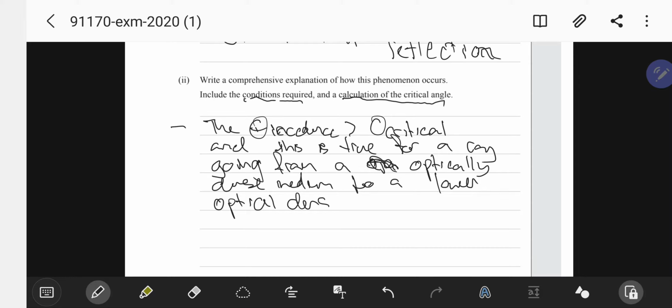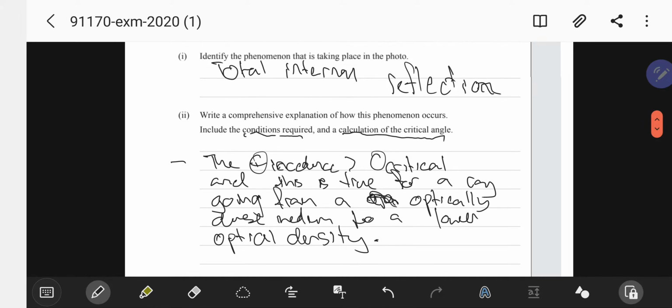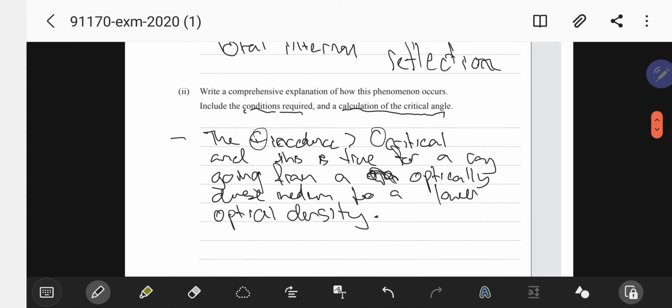Those are the two conditions for total internal reflection to occur.